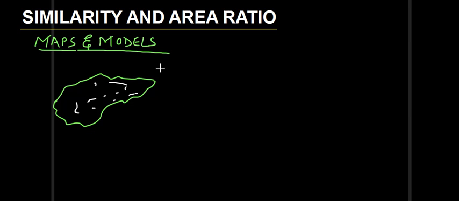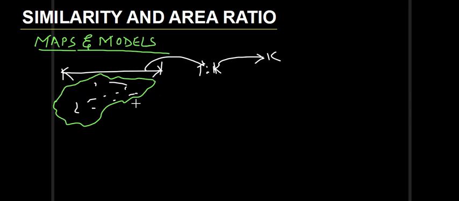Suppose in the case of maps, a map is drawn to a scale of 1 is to k. Suppose this is the length on the map, and obviously the map and the actual area are similar, right? So if this part is 1, then the actual length of this part is k. In this kind of case, the length of the actual figure is k times the length of the map.